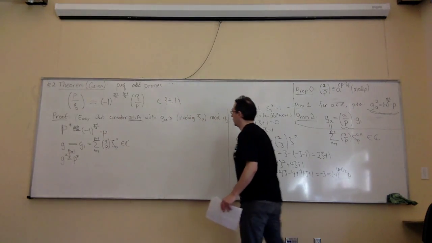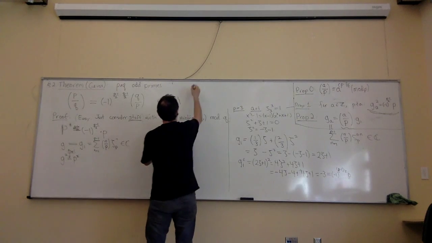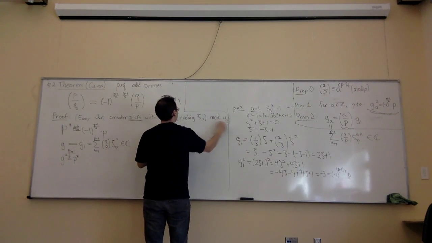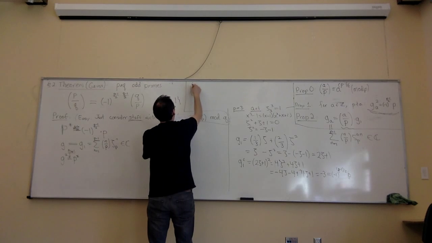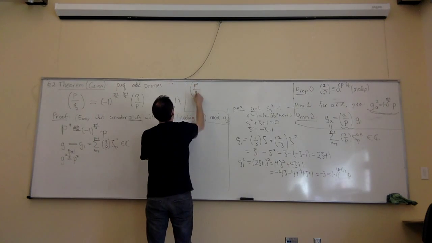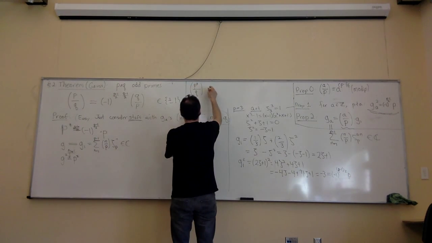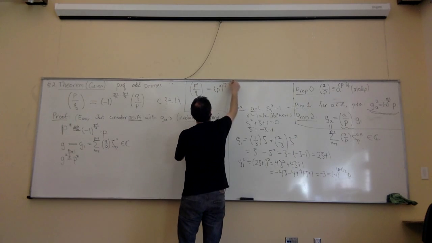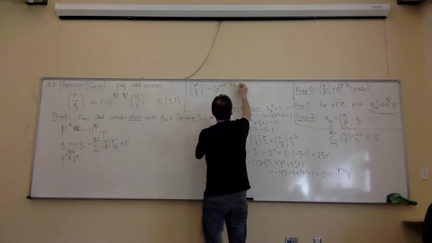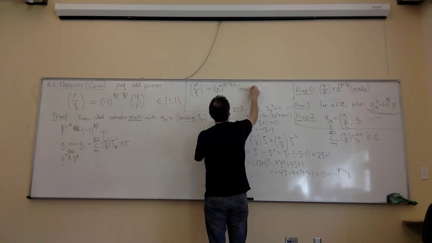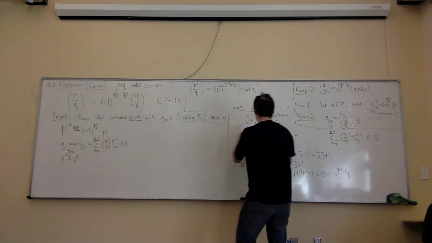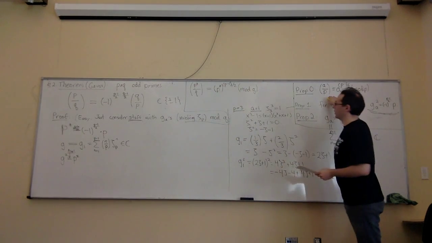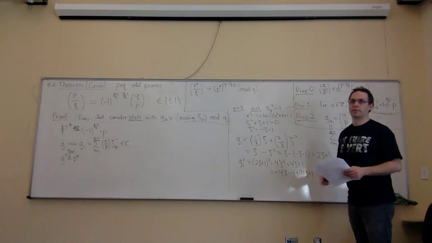Okay, so here is an observation. The Legendre symbol of p star over q is p star to the power of (q-1)/2 modulo q, which is just proposition 0 applied to p star.